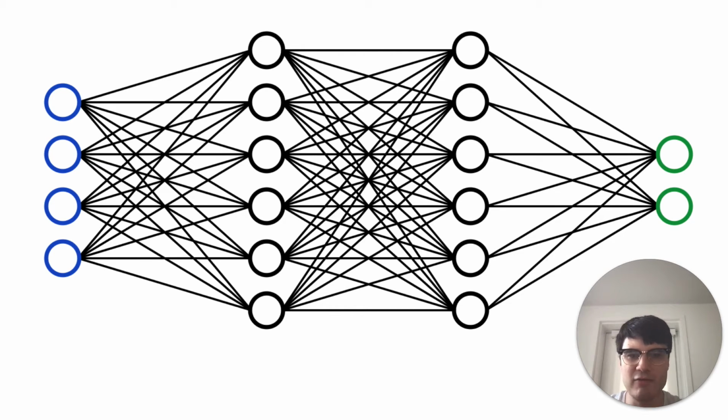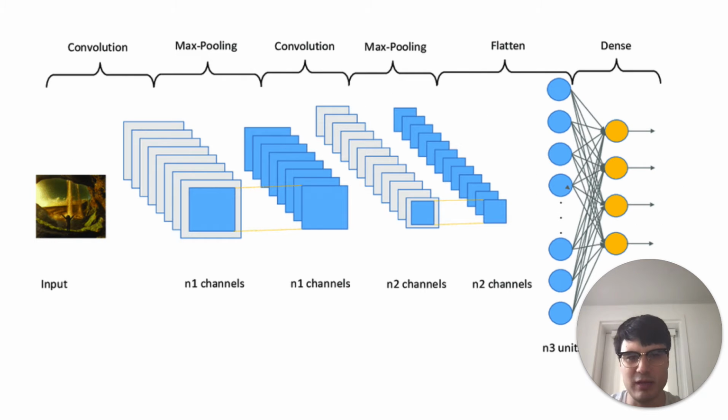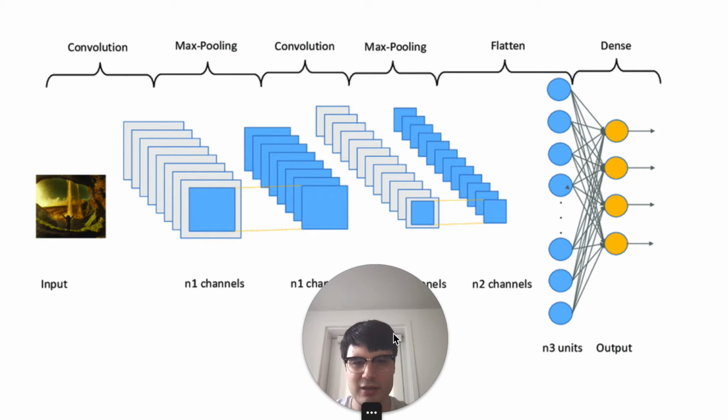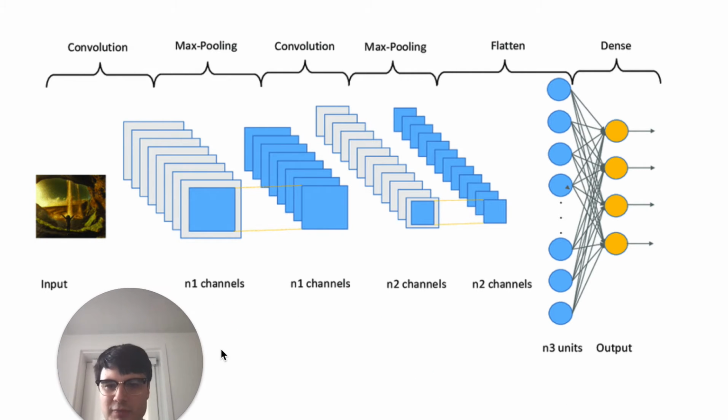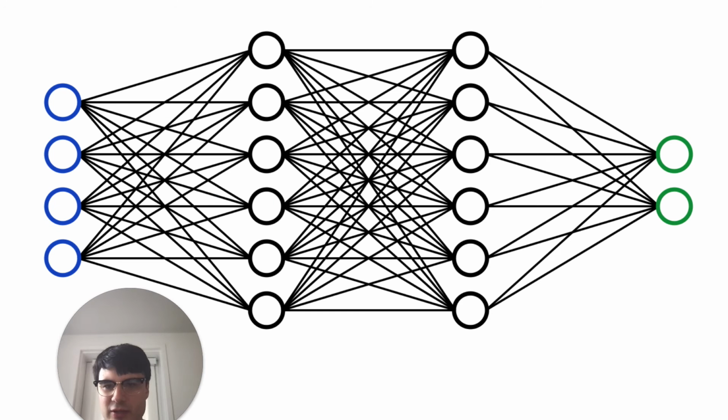But if you have images, images are a popular thing to predict on, then you might not want to use this type of neural network, a dense neural network, because you're going to have each pixel go in to each of these nodes, and that's pretty problematic because you're going to have a lot of input nodes.